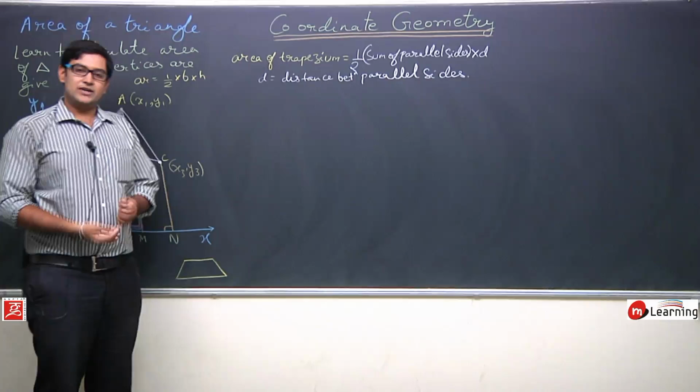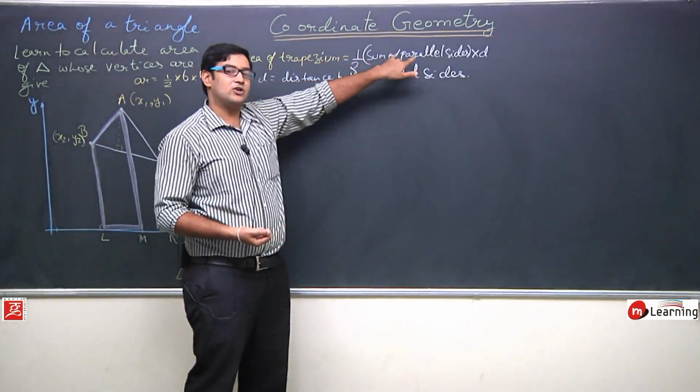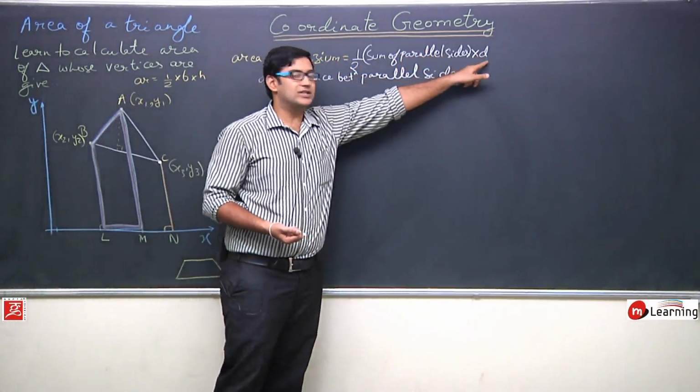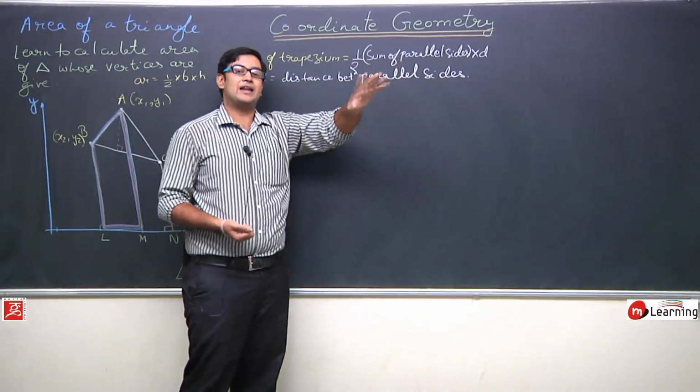Okay, what I am trying to say is area of trapezium is half into sum of parallel sides into distance D. D is the distance between the parallel sides.